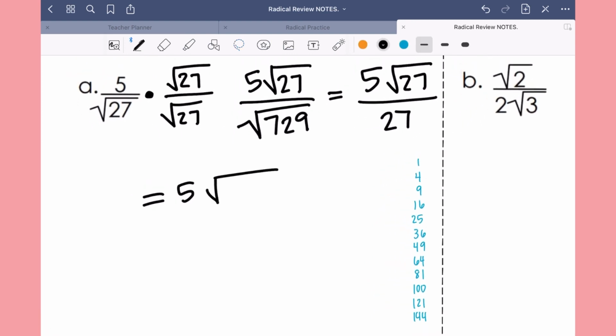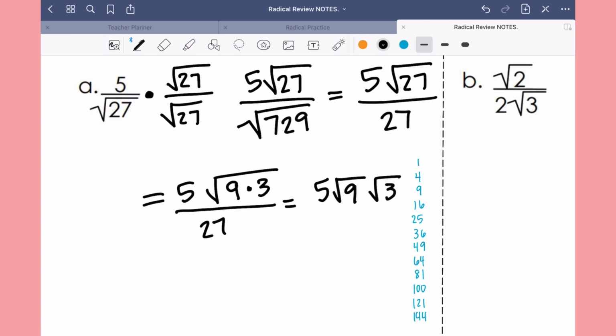So I can actually simplify that 27 even further. And if you were in my class today, we didn't do that step. We're being lazy. So let's just keep going because this is not simplified. 5, and then undo the 9 from under that square root. What is the square root of 9? 3.